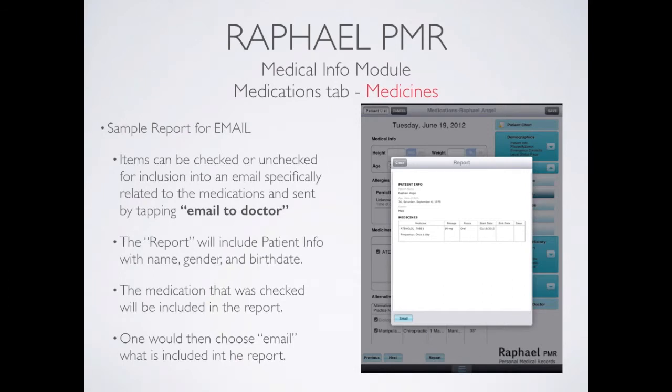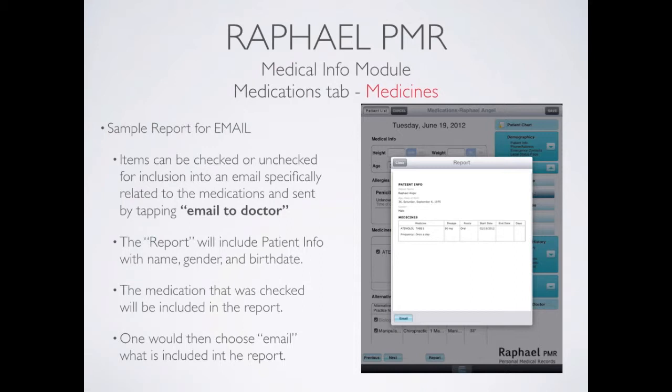Once you click the email to doctor, a report will be generated with the patient information, their age, name, gender, birth date, and the medications that we want either refilled or in question. At the lower left, you'll notice that there's an email button.